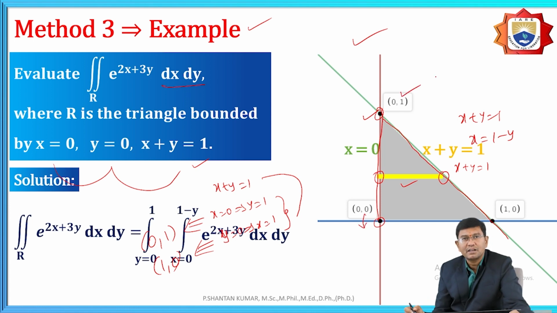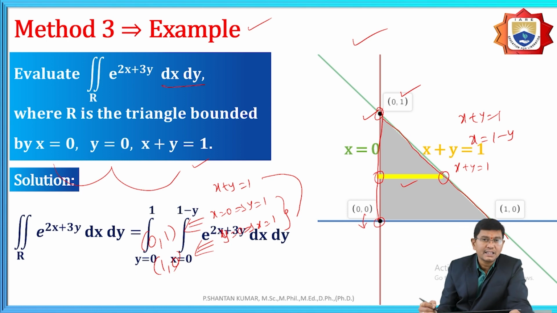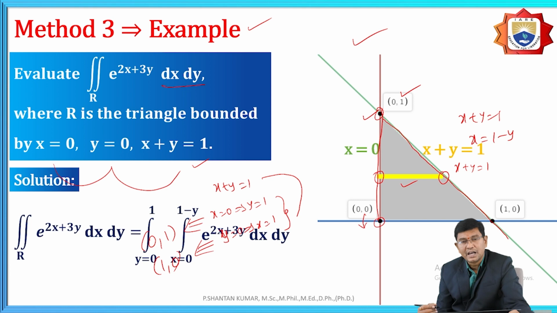Based upon this, when the problem is given in variable format like this simple example, we need to draw the diagram, and after drawing the diagram, we need to identify where it is intersecting the bounded region, and based upon that, take our choice of parallel to x-axis or parallel to y-axis.